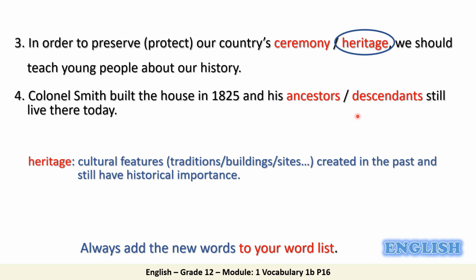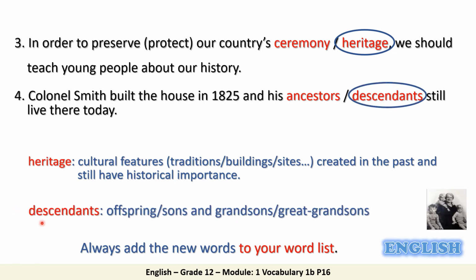So how about descendants? Still live there today. How about your answer? Descendants. Excellent, because descendants are the offspring, the sons and grandsons, great-grandsons. Okay, so these are the descendants of this grandma. Always add the new vocab to your word list.